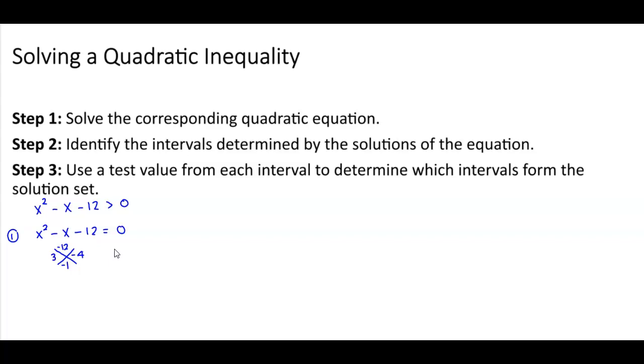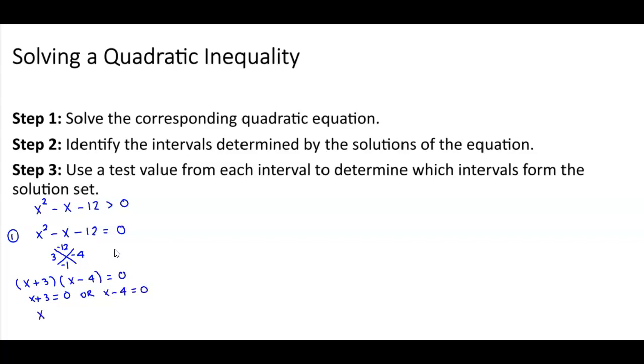So when we factor this equation, we get x plus 3 times x minus 4, and that's equal to 0. Now we're going to use the zero product property to solve for both of those x's. So we have x plus 3 equals 0, or x minus 4 equals 0.